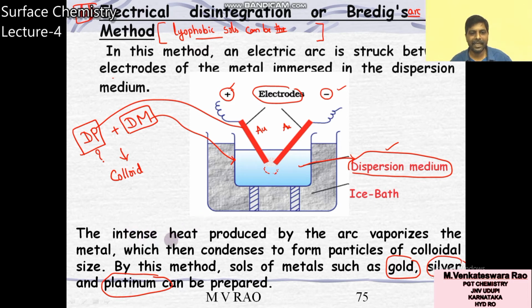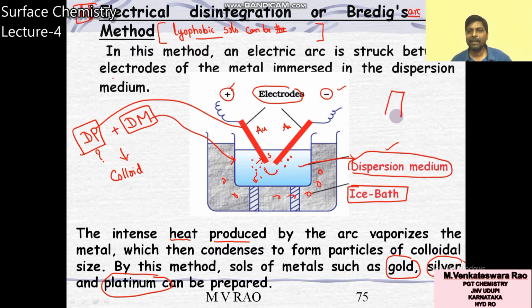The intense heat produced by the arc vaporizes the metal. The solid is there. Some gold particles will vaporize, but it is surrounded by an ice bath. So immediately that vaporized particle will condense, which then condenses to form particles of colloidal size.